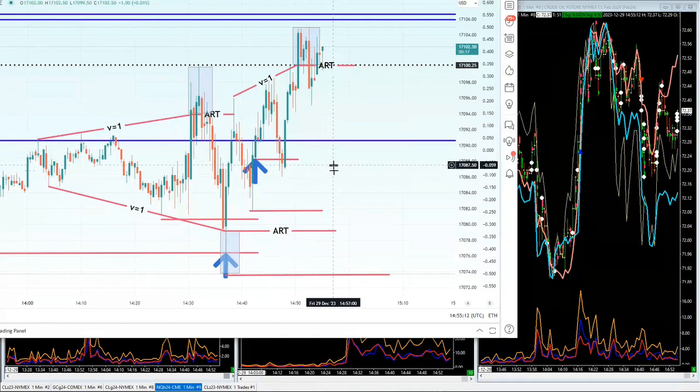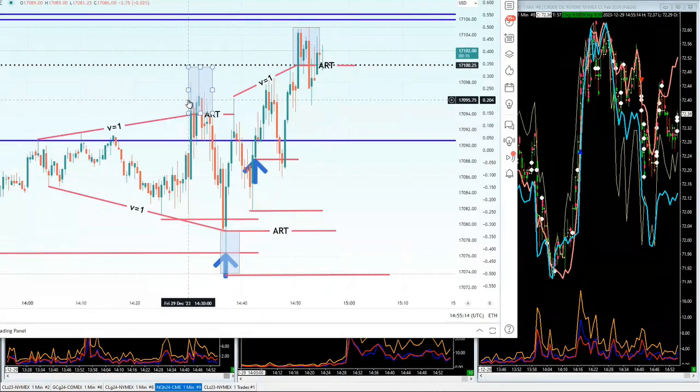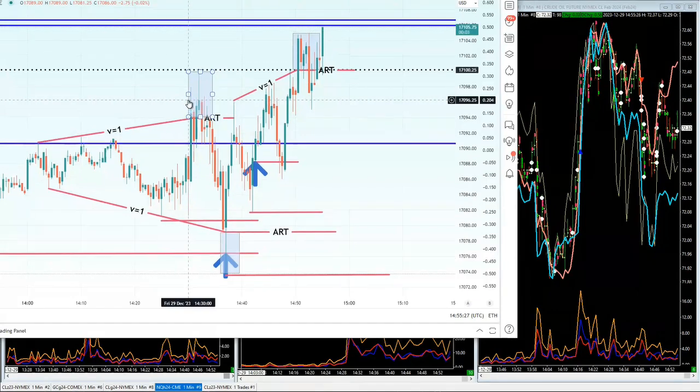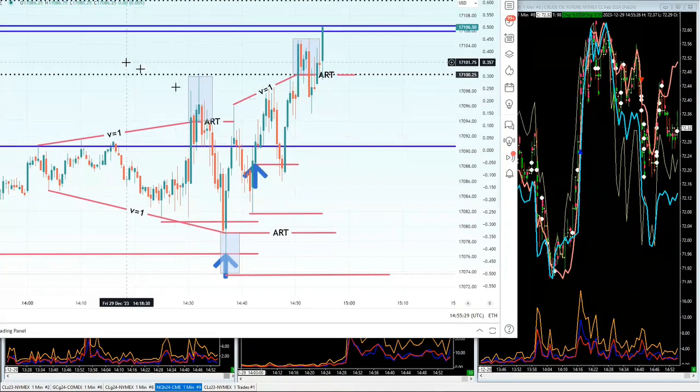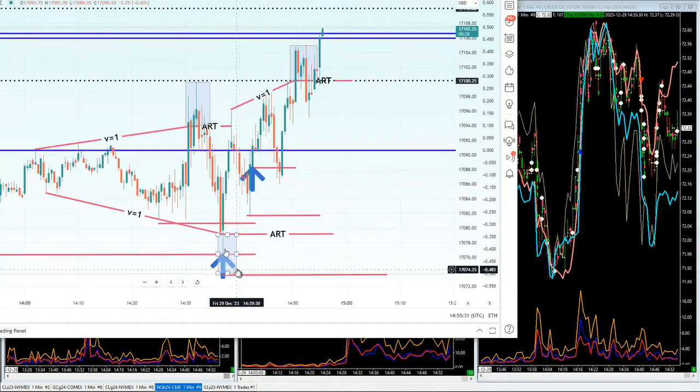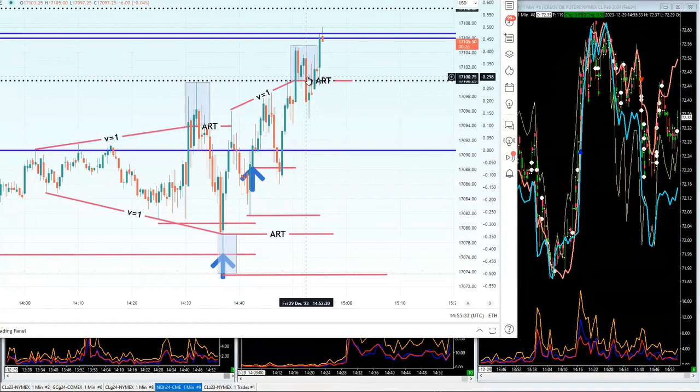These are price areas that are not only at extreme price levels, but there is a change in the nature of the velocity. And there's got to be a reason for the change in the nature of velocity. This is not a sell trade, and this is not a buy trade. It's just a point of interest.